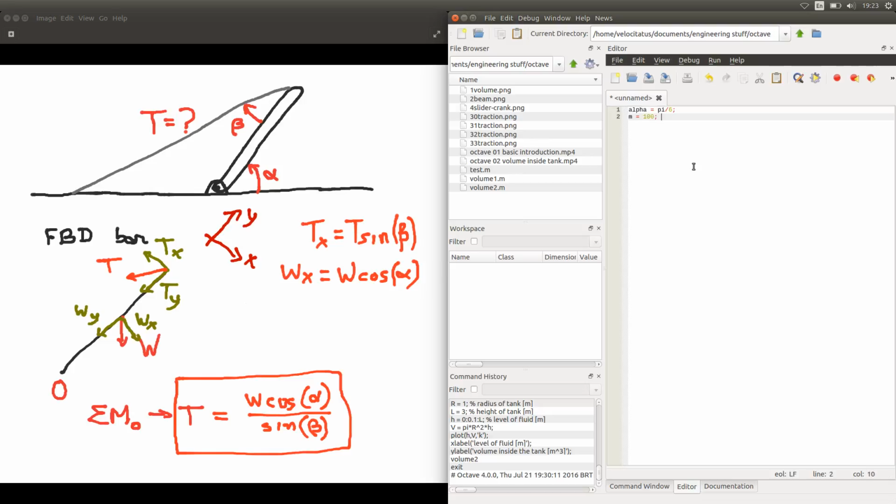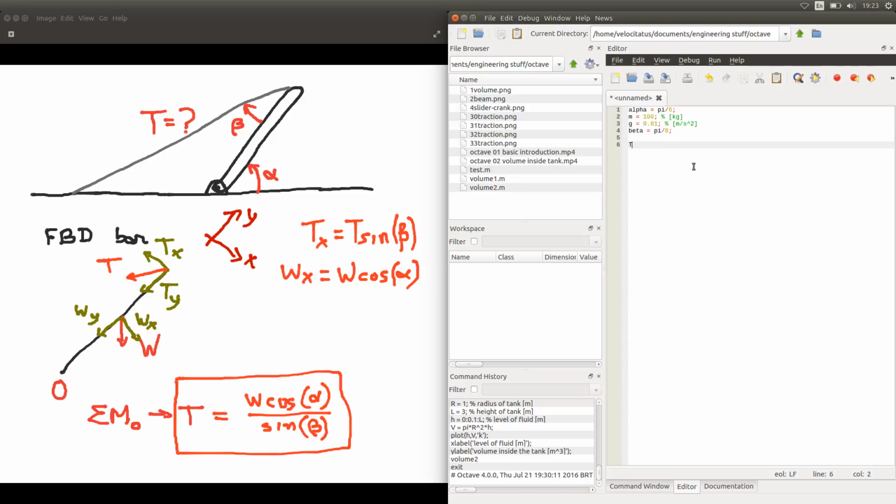Let's say 100 kilos, for example. And we need to set the value for our gravity, so let's give that in meters per second squared. We also need some value for beta, let's say a smaller angle, something like this.